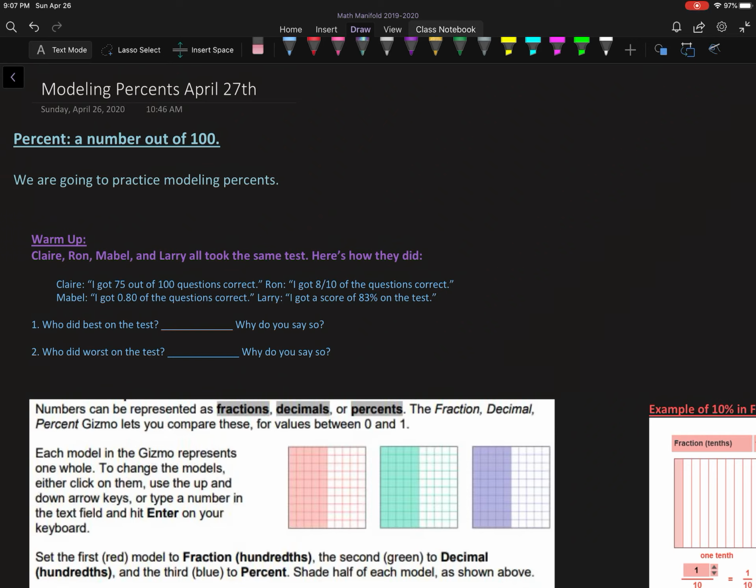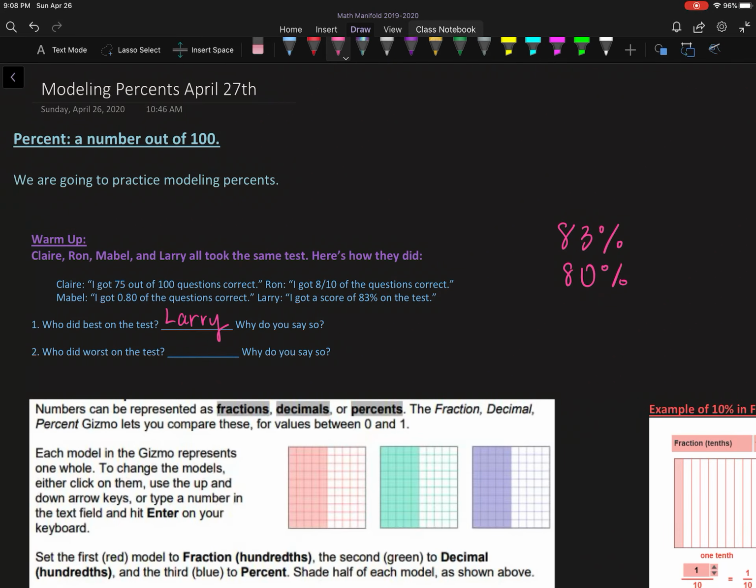So if we were looking at all of these different representations to determine who did the best, the person that scored the best was Larry, and he received an 83%. If I were to look at all of these, two people received actually the same percentage, which was Mabel, who received an 80%, because 80 hundredths is 80 out of 100.